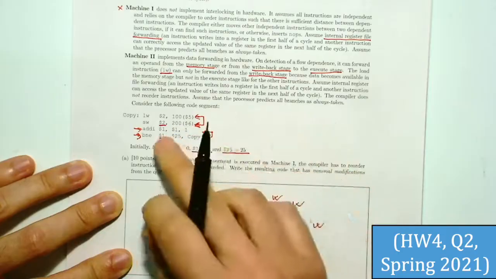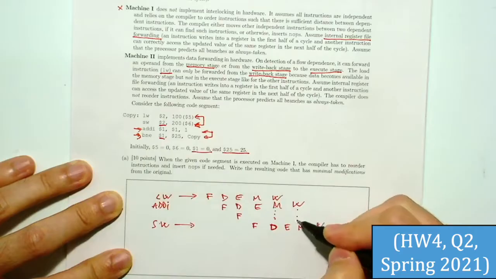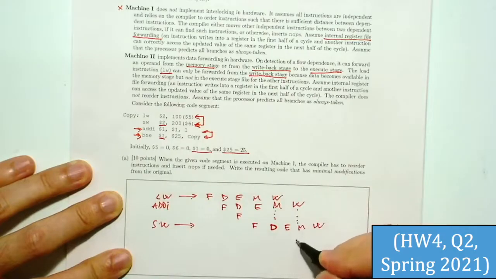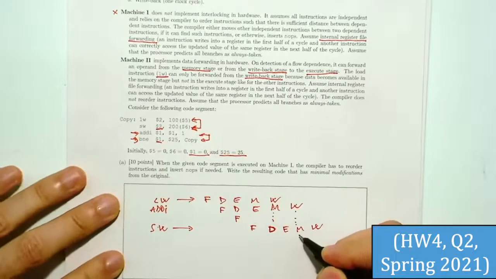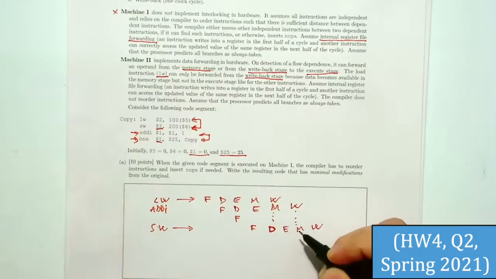To read the content of register 1, you have to wait for this write back, right? So we will need to execute the decode in the write back. Let me check.